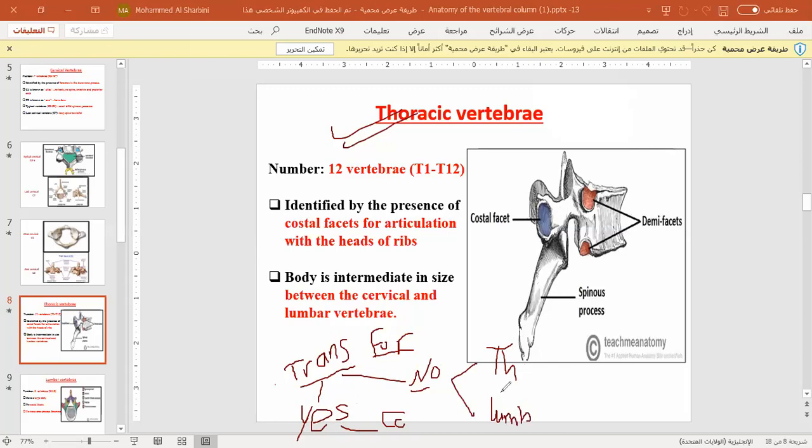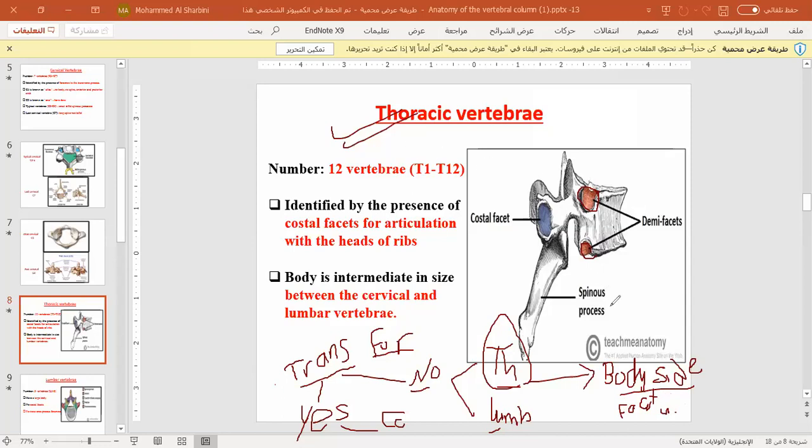I want to differentiate the thoracic from the lumbar. The thoracic, due to the attachment of the rib, look to the body from the side. You will see this facet. This is due to the attachment or articulation with the ribs.